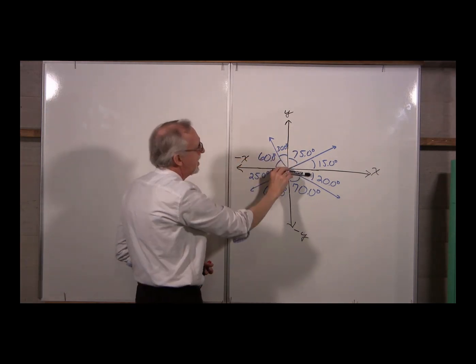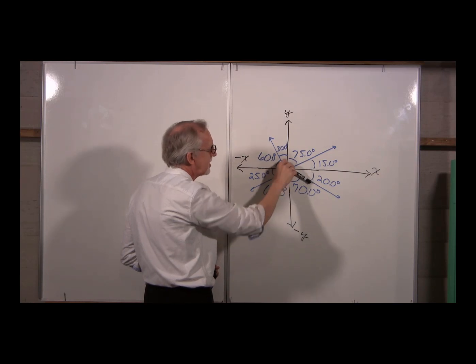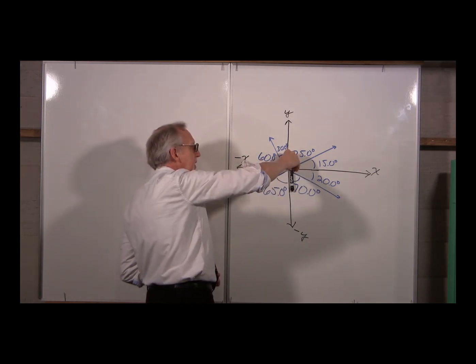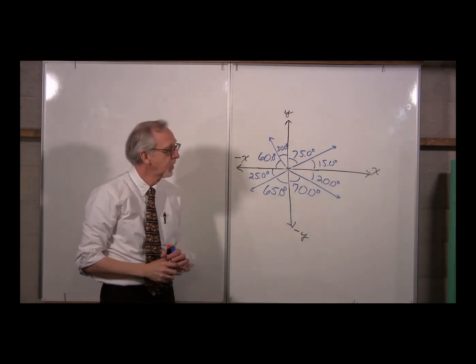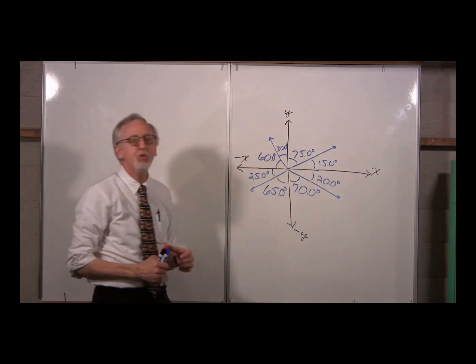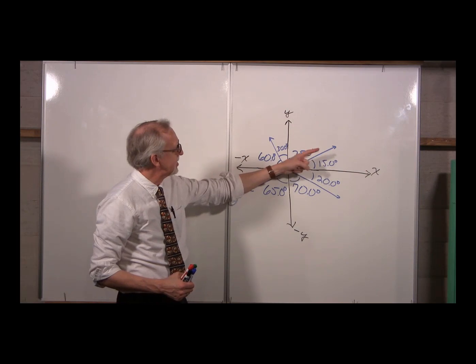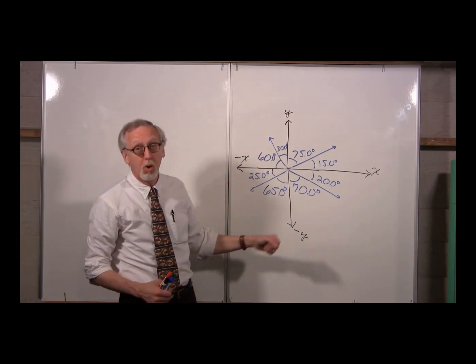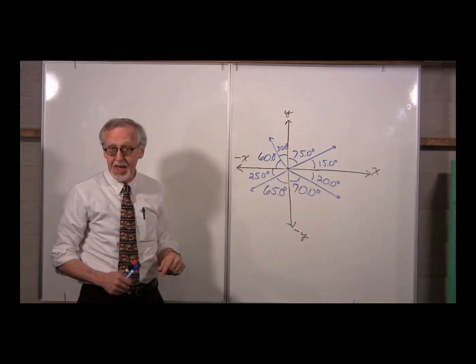While this vector might be 20 degrees below the x-axis, or 70 degrees to the right of the negative y-axis. So we can describe any of those vectors in those two different ways, using the angle from the x-axis or the negative x-axis, or the angle from the y-axis or the negative y-axis.